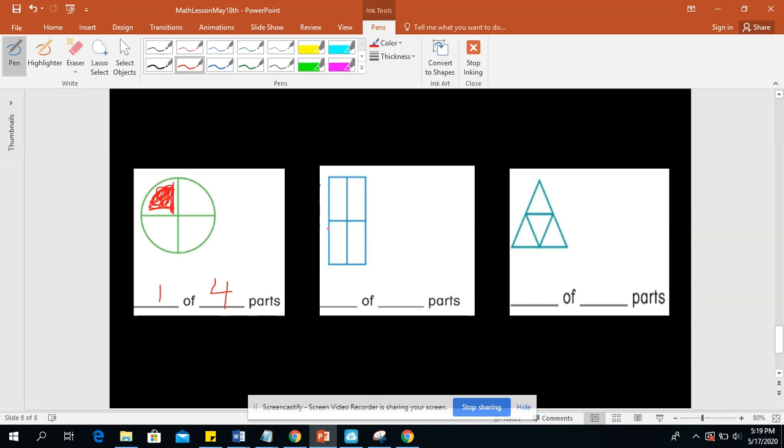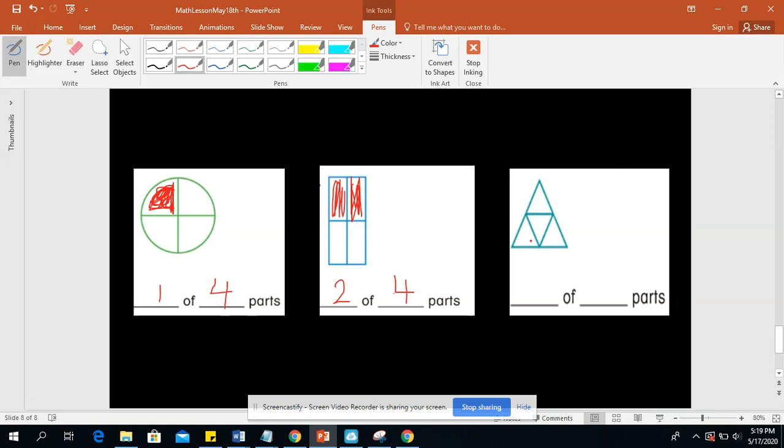Let's take a look at this rectangle here. Let's say there are 2 parts shaded in. Then we would say there are 2 of 4 parts shaded, or 2/4.